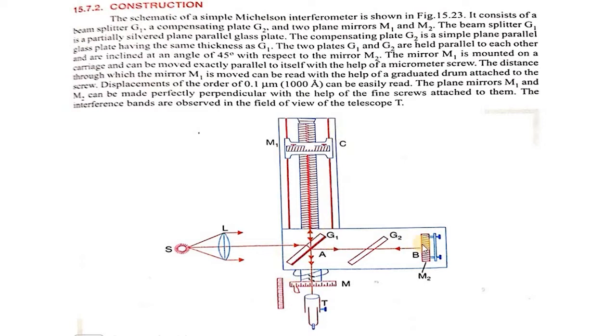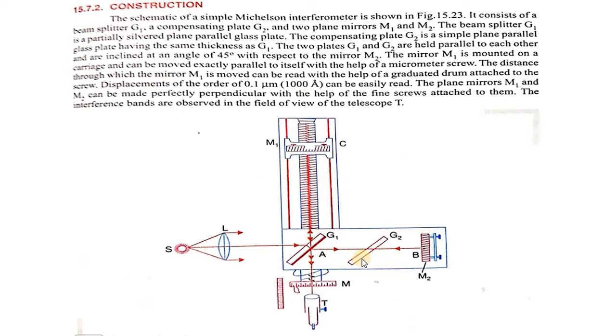And we have two mirrors, M1 and M2, which can be adjusted so as to move back and forth. And here you can see the telescope for viewing the mirrors and the patterns. In addition to this glass plate G1, there is a compensating plate G2 also.